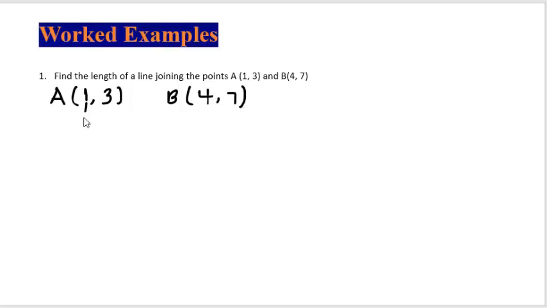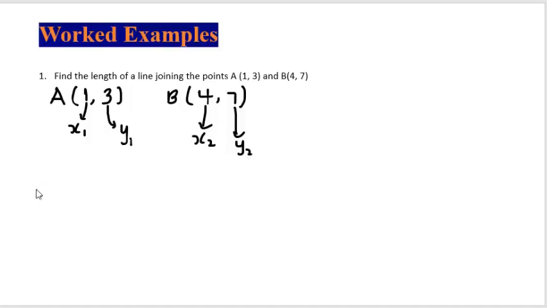So the 1 here is our x1, and the 3 here is our y1. Now when it comes to the second point, the first value here is our x2, and then the 7 here is our y2.